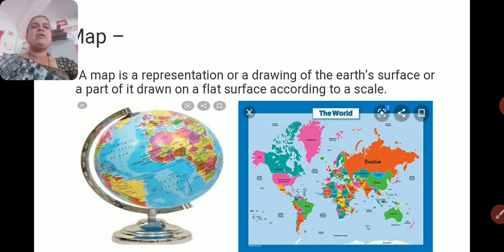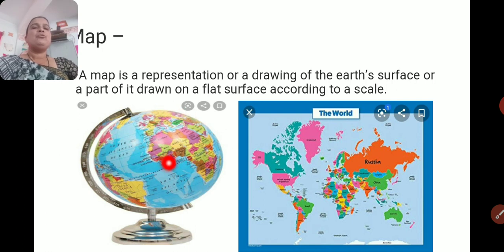Now, map. A map is a representation or a drawing of the earth's surface or a part of it drawn on a flat surface according to a scale. Look here, this is a globe. This is how our earth looks exactly on the globe.